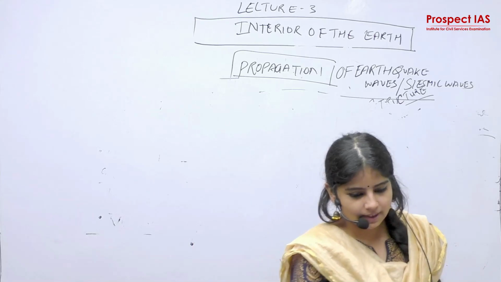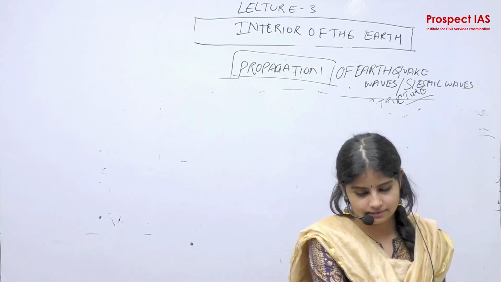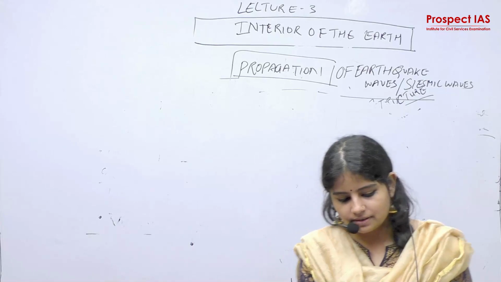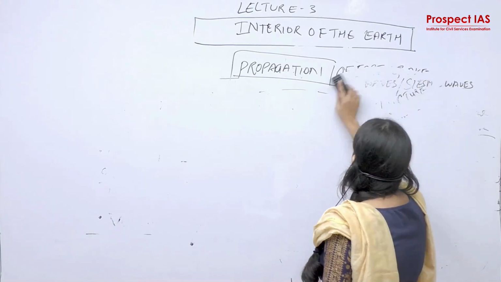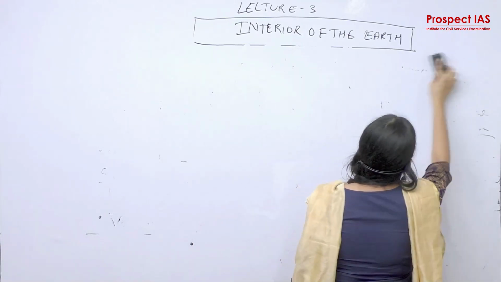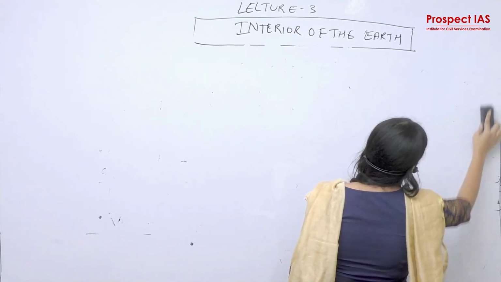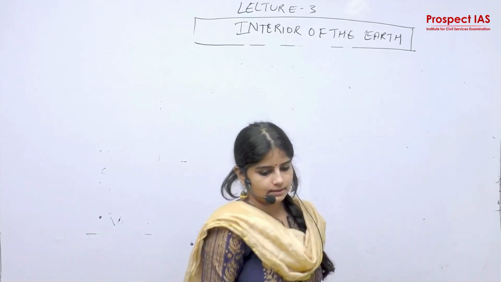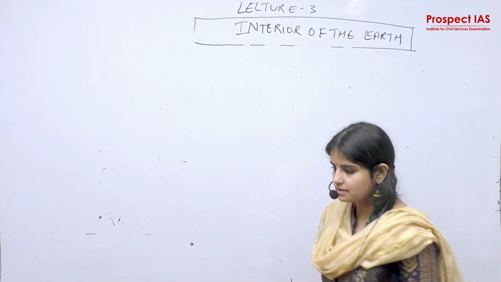Now, layers of earth. This is also very important because you are going to understand two types of discontinuity here, Moho and Gutenberg. One question from Gutenberg has been asked in UPSC. Layers of earth.